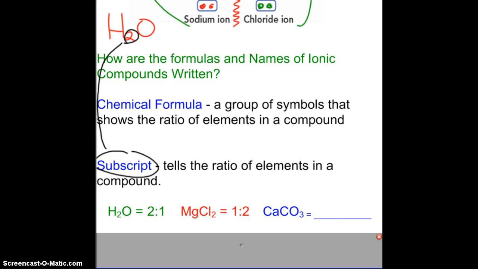Now the third one is a bit of a trick question. When I say trick, you can do it. What is the ratio for this substance? It's called calcium carbonate. Ooh, 1 to 1 to 3. There are actually 3 elements there. Calcium is 1, carbon is 1, and oxygen is 3.